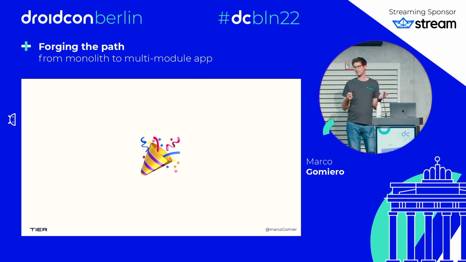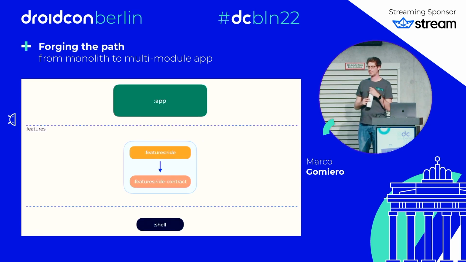And after that, it was time to celebrate, because modularization is a long journey, and we have to celebrate every little thing. After that, that was the structure: still a very big application, a new shared module, and the first feature module.